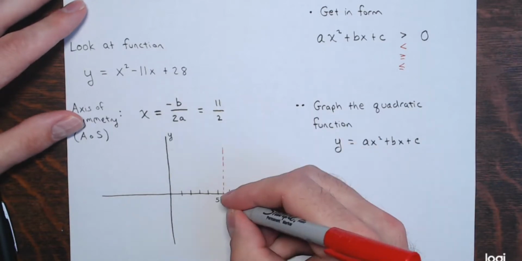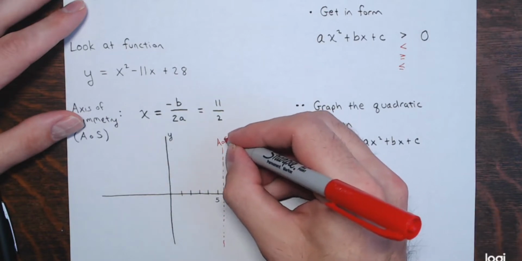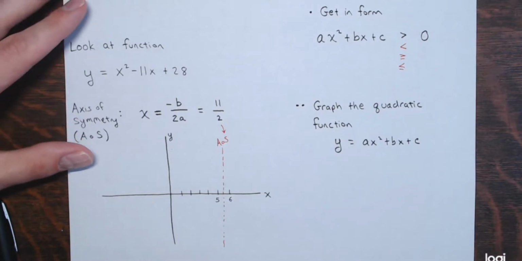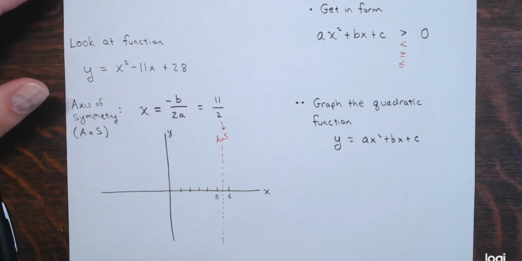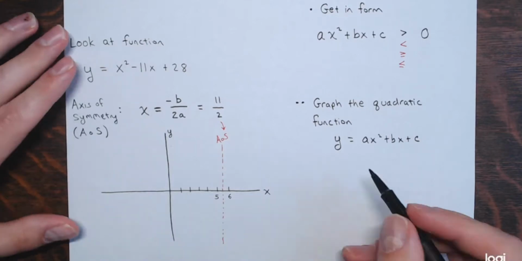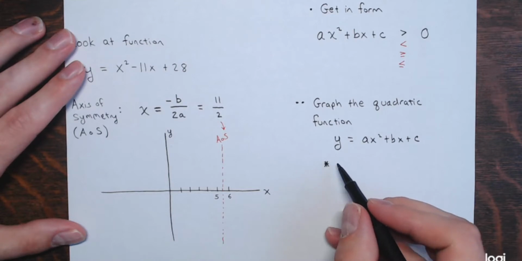Alright, so this axis of symmetry is x equals 11 halves. That marks off the middle of the parabola, where the vertex is going to be. Now for these particular inequalities, I'm going to put an emphasis on finding the x-intercepts.